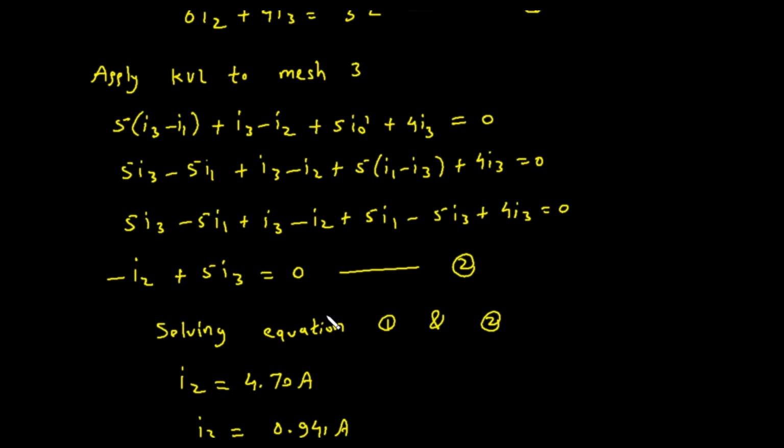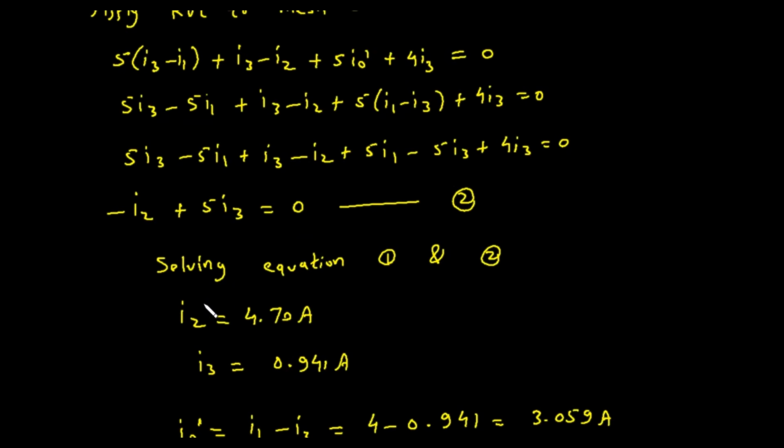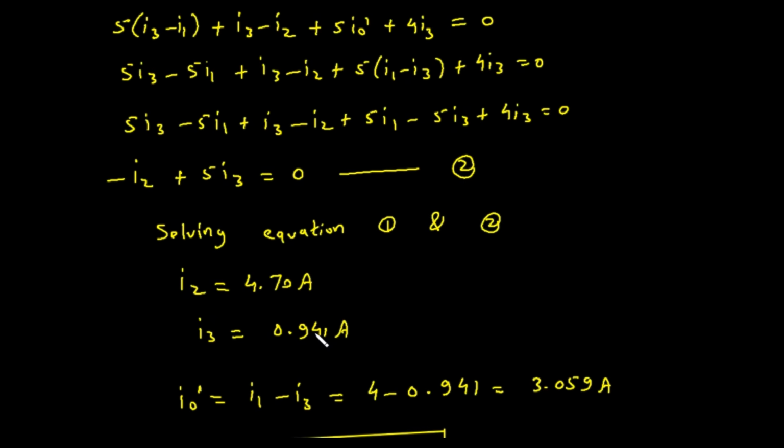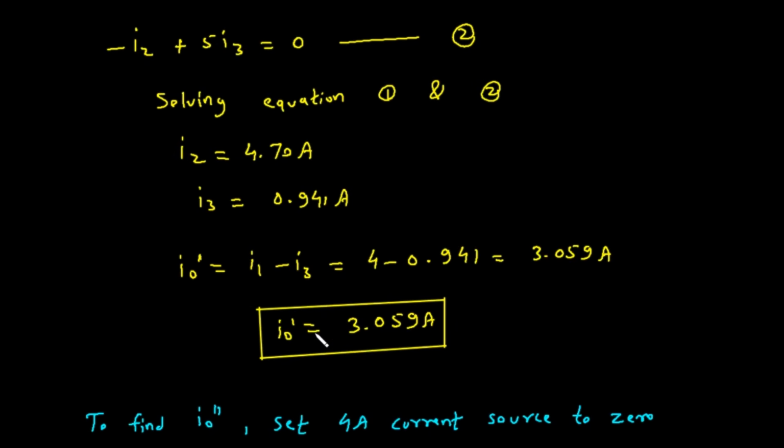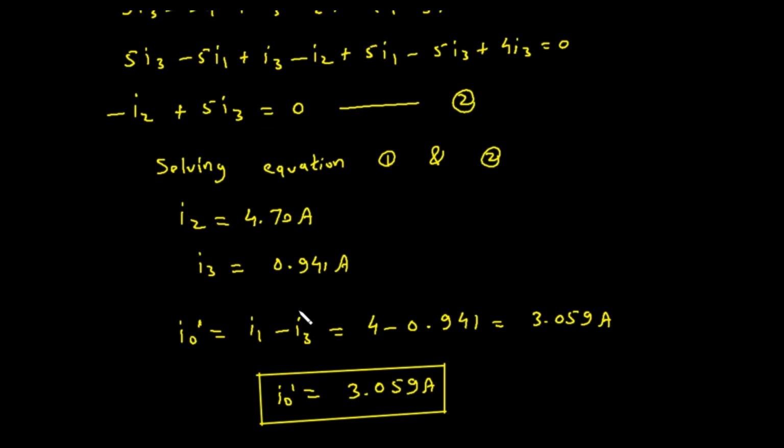Now we have a system of two equations with two unknowns, I sub 2 and I sub 3. Equation 1: 6 I sub 2 plus 4 I sub 3 equals 32. Equation 2: negative I sub 2 plus 5 I sub 3 equals 0. From equation 2, we can express I sub 2 in terms of I sub 3: I sub 2 equals 5 I sub 3.